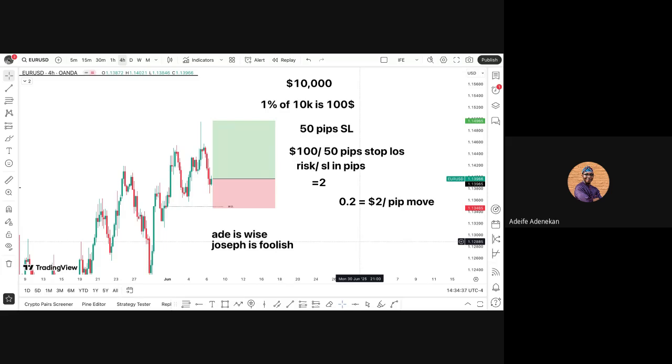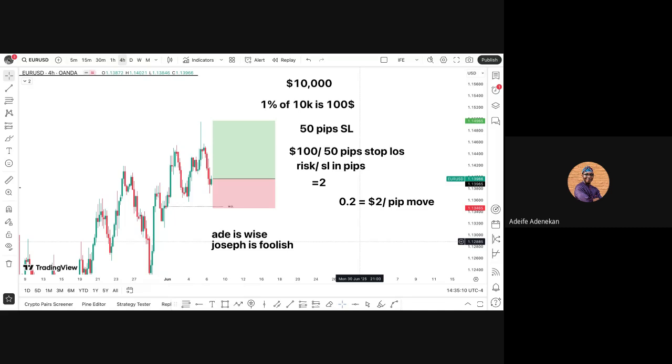Now, Joseph, on the other hand, did the same analysis, but instead of entering this trade with 0.2 lot size, he entered with standard lot 2.0. The trade that is supposed to be reading -2 for every move against him is now going to be reading -20.